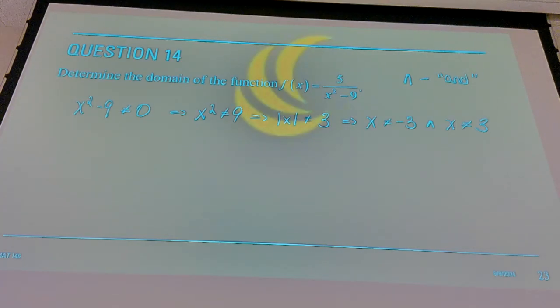Also, which one's easier to write? The absolute value of x is not equal to 3, or the other one. They mean the exact same thing. So you can take either one? Yeah. But when you start to do more advanced mathematics and you're writing a lot of lines, you try to shorten it as much as possible.